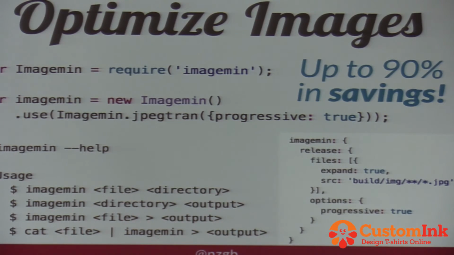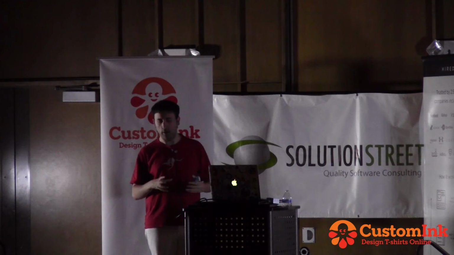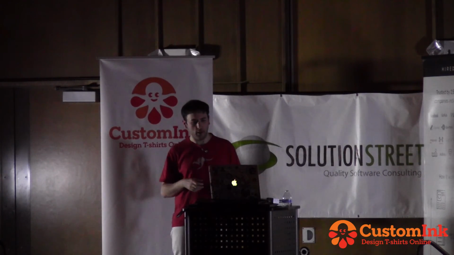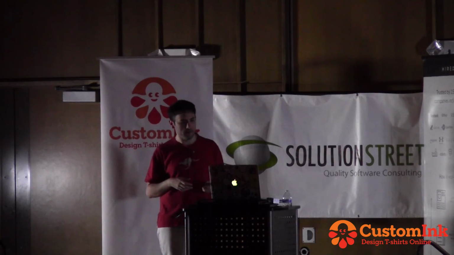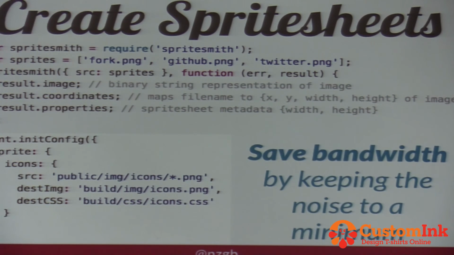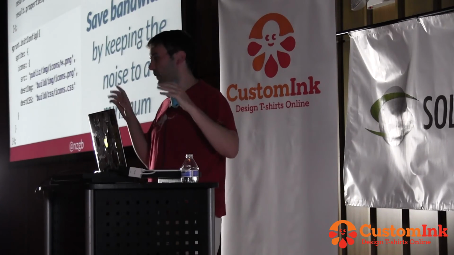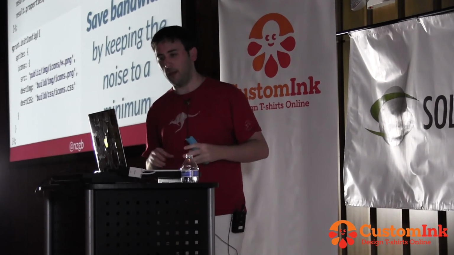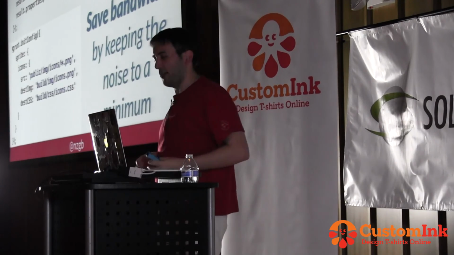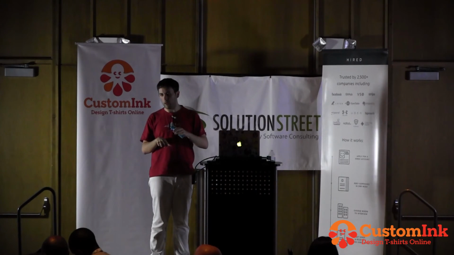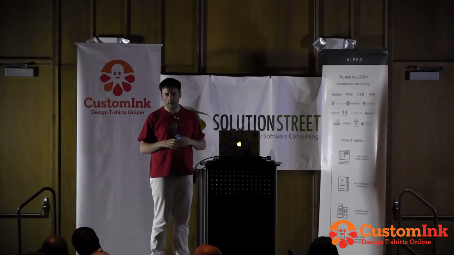Optimizing images, you can use ImageMin for the optimization part. For shrinking, you can use GraphicsMagick. It's also pretty easy to automate. For spritesheets, you can use Spritesmith, and you just give it a folder with all the icons, and it gives you CSS styles, Less, Sass, whatever, and the actual spritesheet. For inlining, you can use the datauri module. You just give it the file name, and it gives you back the data URI.